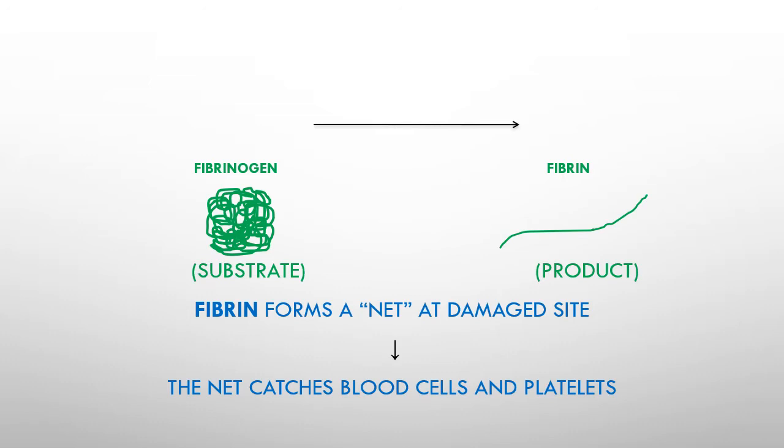Now the fibrinogen is dissolved inside the plasma. It's floating around, we can't see it, and it's essentially inactive at that point. But when it comes in contact with the thrombin, it's converted into fibrin. This fibrin now forms long fibers that start to crisscross as they straighten out, and they form a big net.